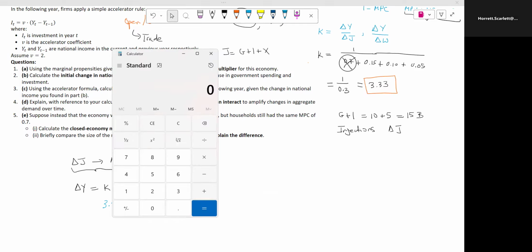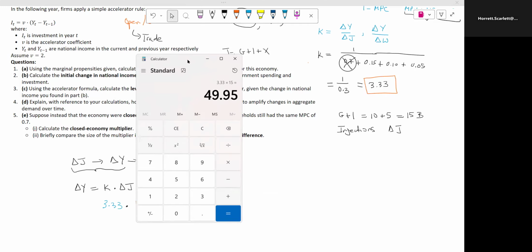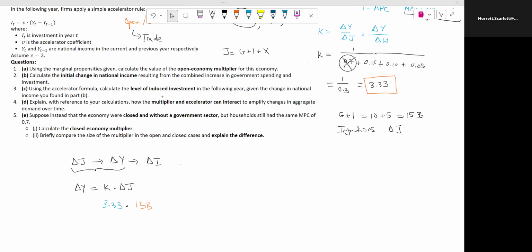So it's 3.33 times 15, and that gives us 49.95. So we can just approximate that and call that $50 billion. So therefore, let us say that the change in national income is approximately $50 billion.